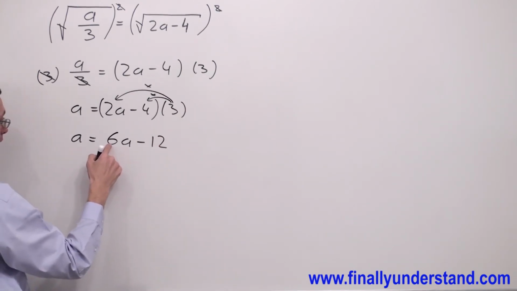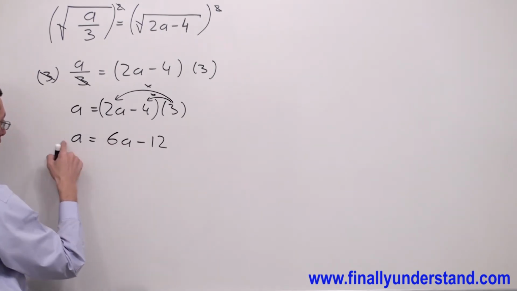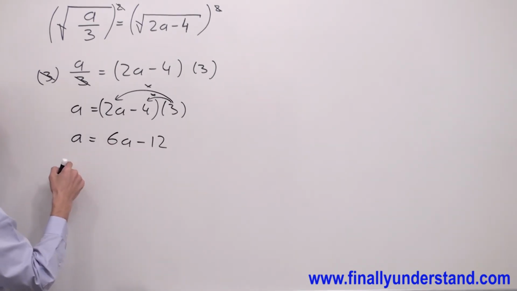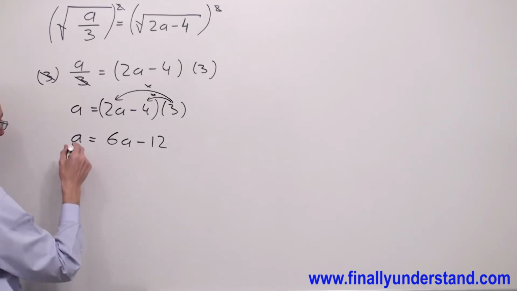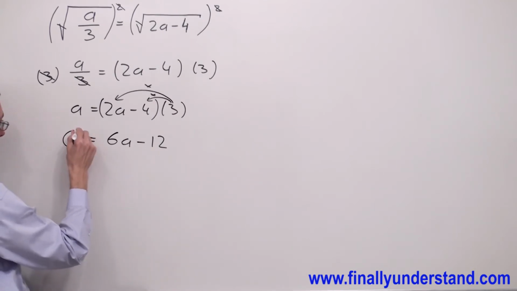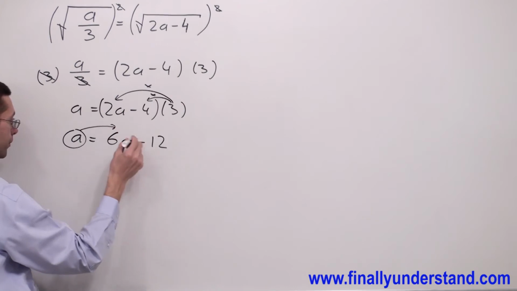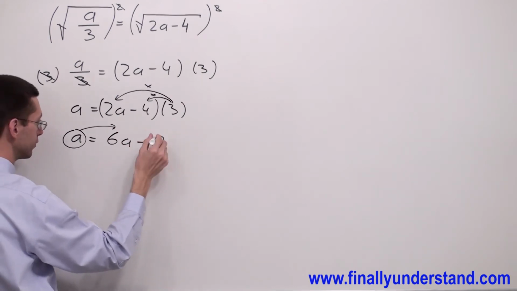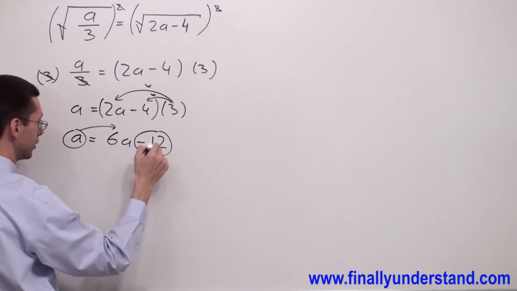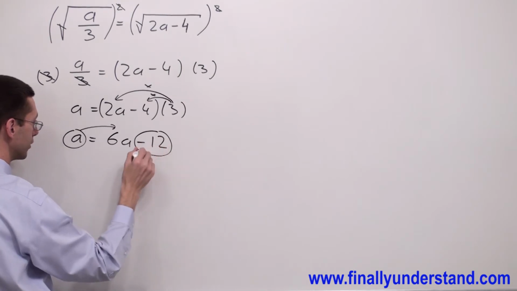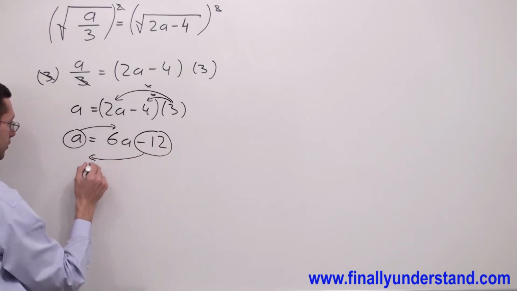Because I have positive 6a, and 6 is greater than 1, in order to avoid creating extra negative numbers, I'm going to take this a and move it to the right side, and this negative 12, because there is no a next to 12, I'm going to move to the left.